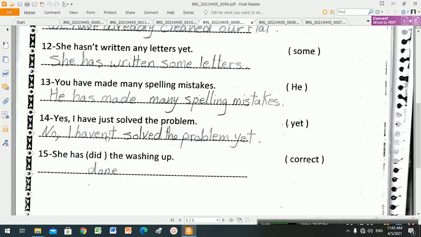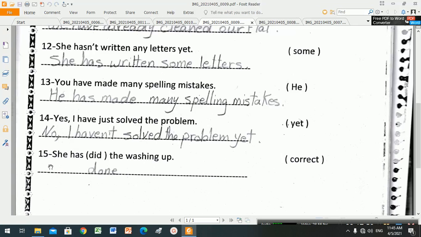No, I haven't. And we will not put just. No, I haven't solved the problem yet. Where should we put yet? At the end of the sentence. And don't put just with yet. It's wrong to put just with yet. So we should remove just in the negative sentence with yet.